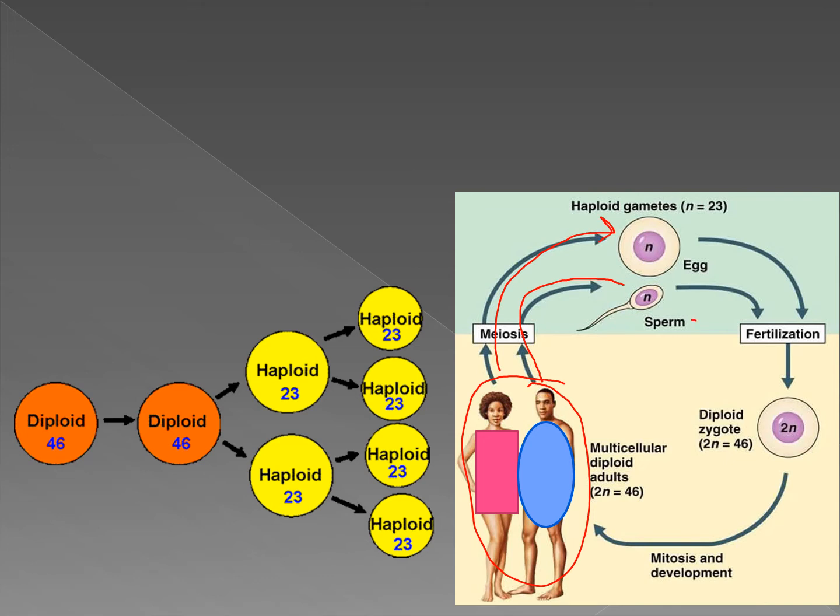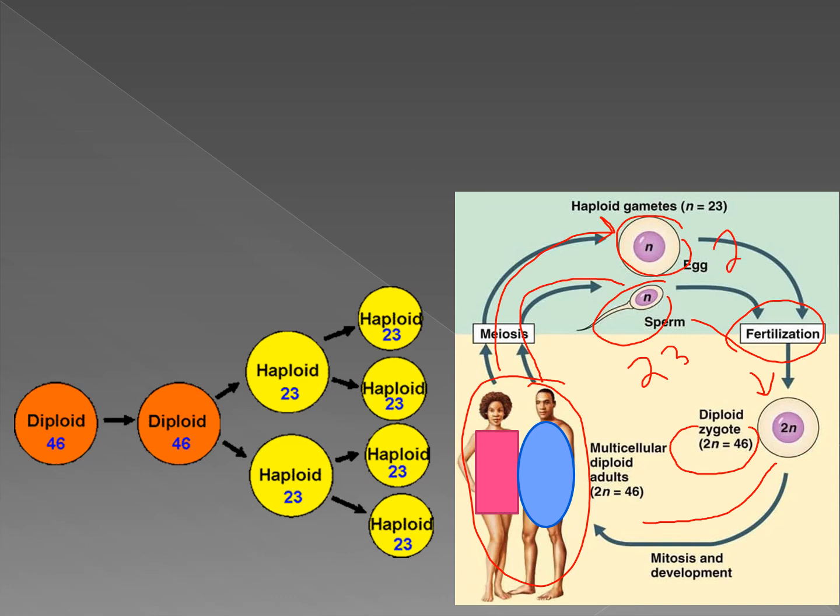When the egg and sperm come together, it's called fertilization, and that's called a zygote. That big cell is now diploid. And then we have another baby. But what are the haploid cells? The haploid cells are the egg and sperm.